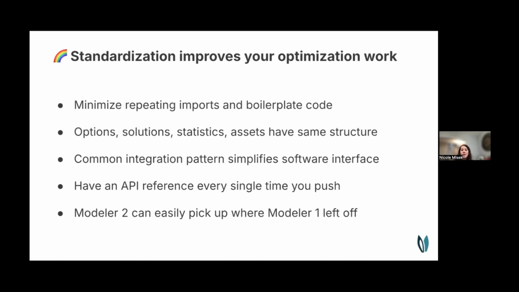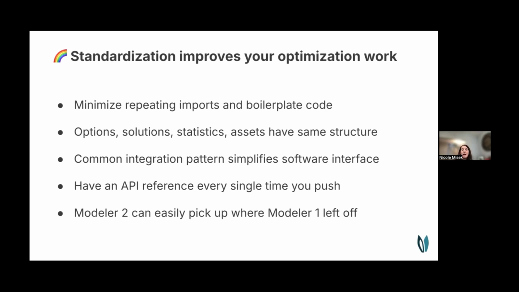It minimizes repeated imports and boilerplate code that you're copying and pasting from each optimization application to the next. It gives you a construct where your options, solutions, statistics, and assets all have the same structure and are very familiar to different members of your team.